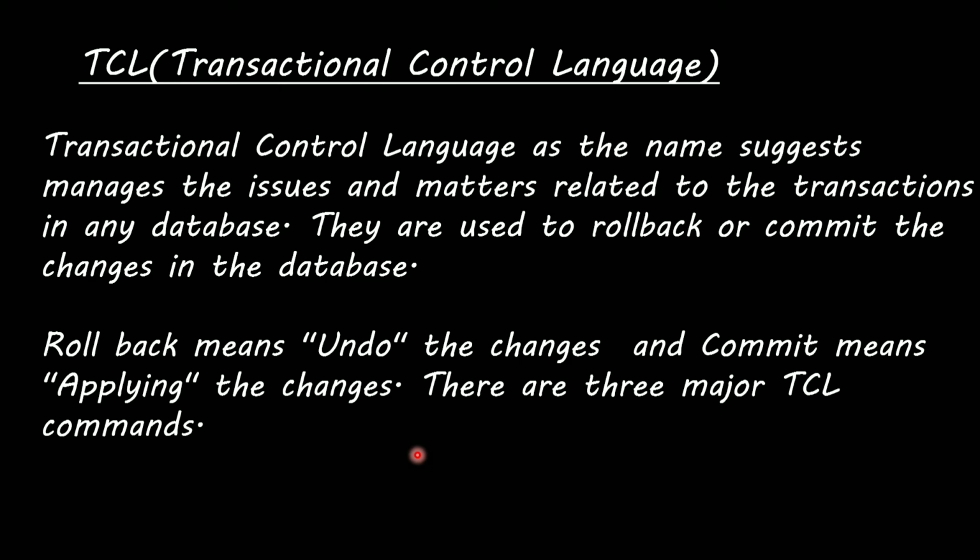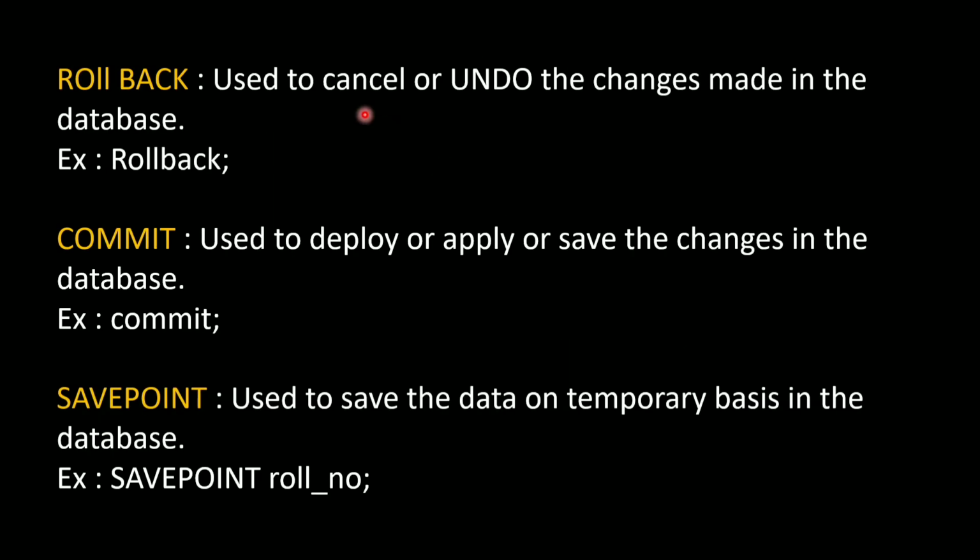In that case, we can use commit. So here you can see in TCL we have the rollback, commit and savepoint commands. What savepoint does is, if at any point we use a savepoint, then whenever we use the rollback command, it will revert us to this savepoint.